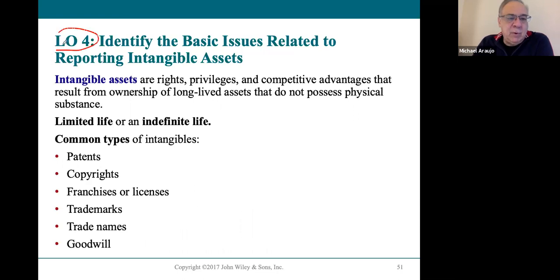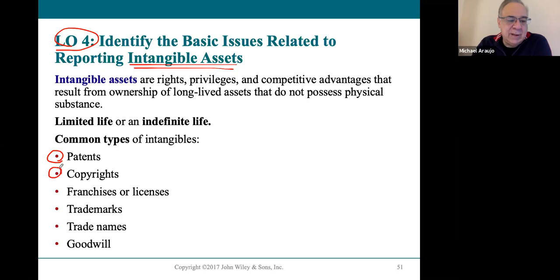Learning objective 4 introduces you to more details about intangible assets. Intangible assets are very important today. A lot of companies are companies that invent things. So they will have patents on inventions, or they've created software or music or something else like an algorithm.